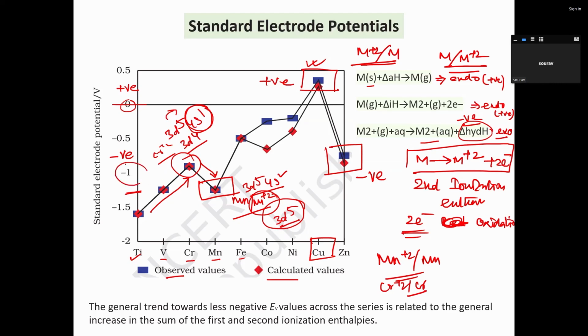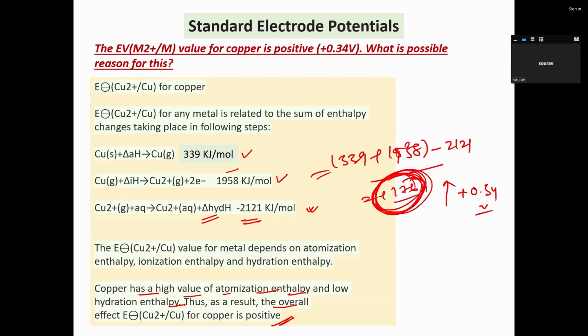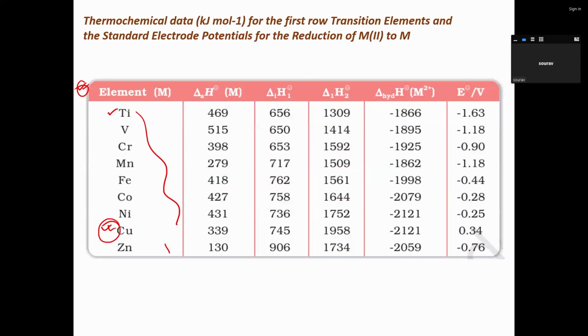That's why this value is around 1.2 electron volt, because it has greater energy. It takes more potential to remove one electron from this d5 configuration. That's why the reduction potential value is higher, which means less negative, a higher value compared to manganese.